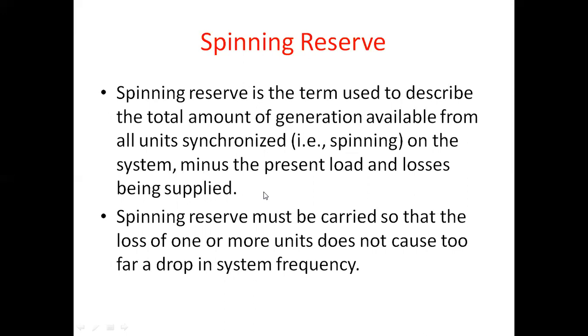There are two terms: spinning and reserve. Spinning means that all units on the system are in synchronized condition, and reserve means the total amount of generation available from all units when synchronized, minus the present load and losses being supplied. So this is the amount of reserve which is there within the system.